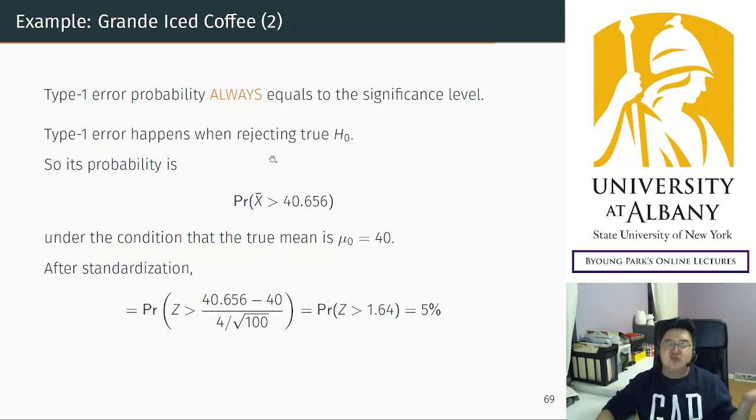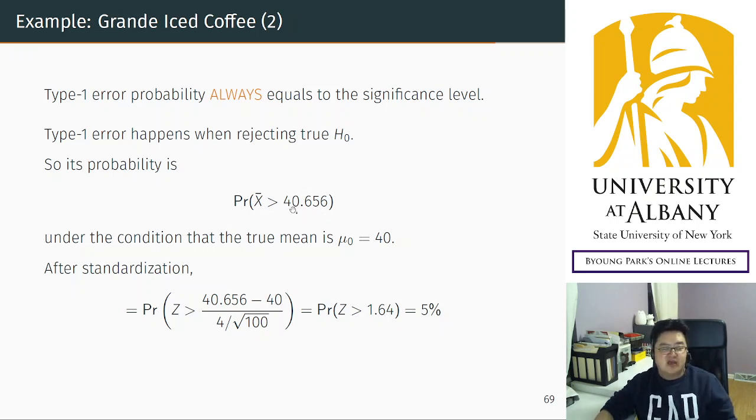But if you want to calculate them more from the fundamental, I can show you, right? The idea is that type 1 error happens when you reject the null hypothesis, but it was true. So when you reject a true null hypothesis, then you have a type 1 error. So rejection happens when x bar is greater than the critical value, because it is an upper tail test.